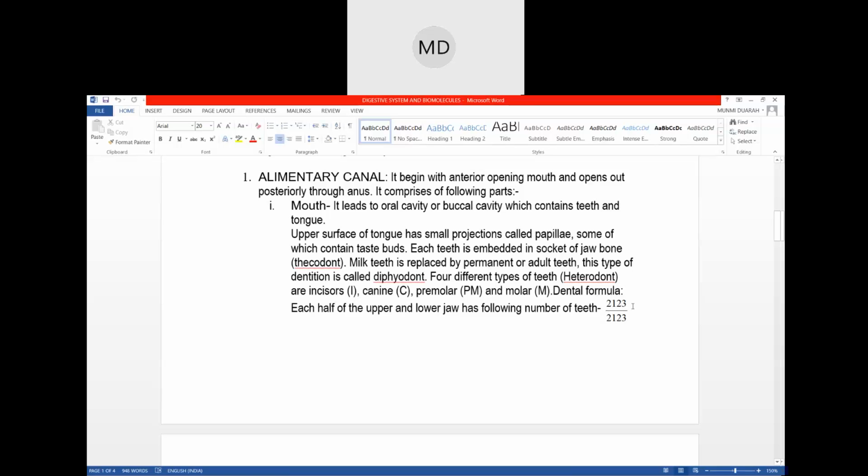So it represents only one side of your upper jaw, and the first number represents incisors, then one is canine, then the next is premolars, and the last one is molar. Like this order: incisor, canine, premolar, and molar. Do you understand now?